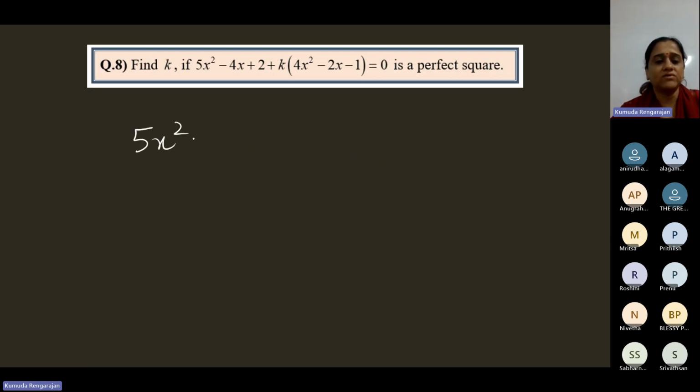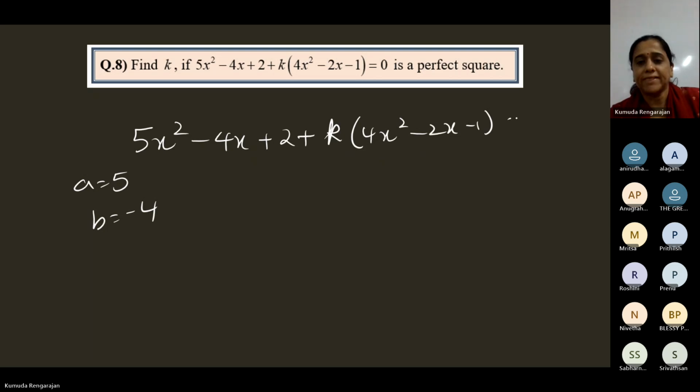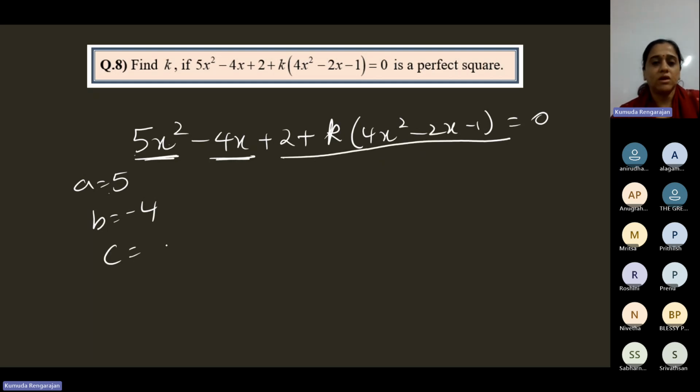5x squared minus 4x plus 2 plus k into 4x squared minus 2x minus 1. Now if you say a is 5 and b is minus 4 and the rest of it is c, that is wrong. This is the x squared term, so a is 5. This is the x term, so b is minus 4. And everything else is the constant. C is equal to 2 plus k into 4x squared minus 2x minus 1.